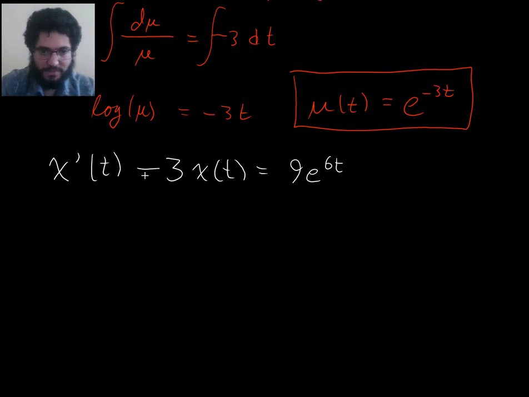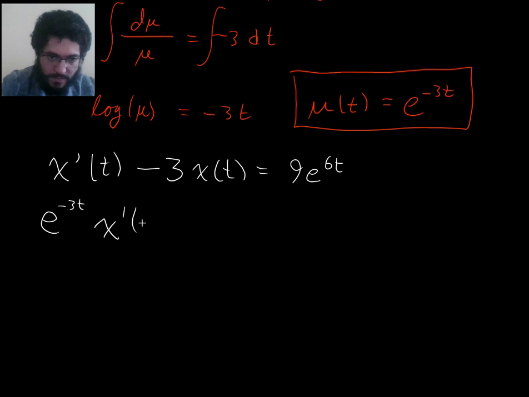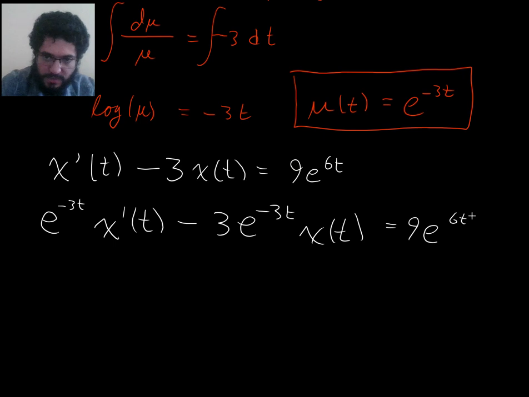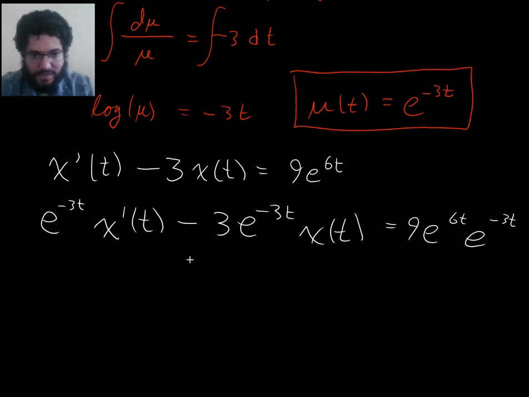Okay, here was our original differential equation, and now we have an integrating factor. So now I'm going to multiply through by the integrating factor: e to the minus 3t x prime of t minus 3e to the minus 3t x of t equals 9e to the 6t times e to the minus 3t. And look at that.